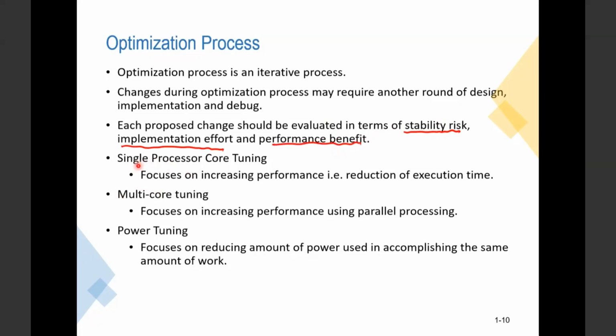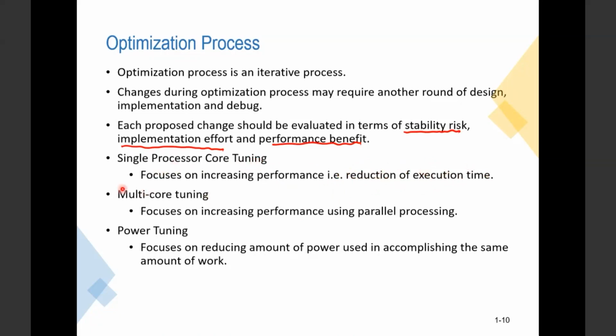Okay, for the single processor, we are going to have the single processing core tuning, which focuses on increasing the performance, such as reduction of execution time. Because you have only one single core, you cannot do the multitasking. So what happens here is we only focus on how to reduce the execution time.